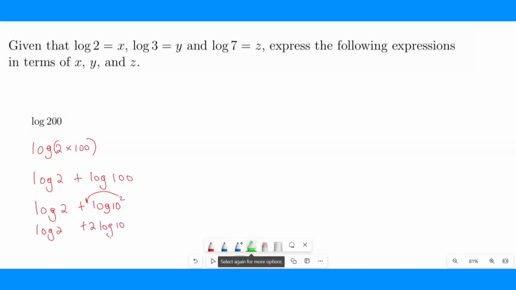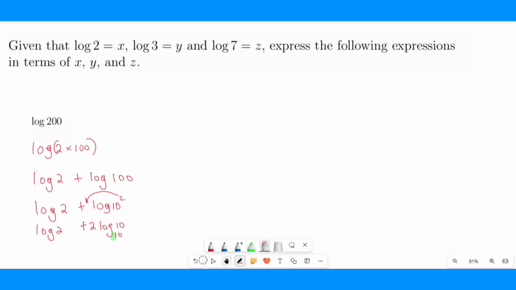And I'm able to manipulate this because there is no base, which means I could put a base of 10 here so that I'm working with log base 10 of 10. In other words, what power could I raise this base to give me 10? It's going to be 1.